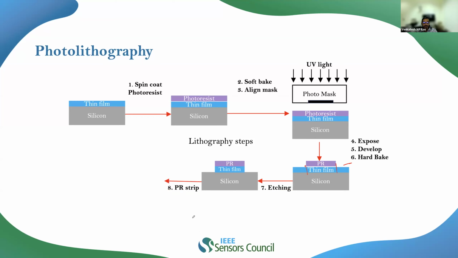After that, we strip away the photoresist and get a thin film on top of the structure. So we can pattern the thin film to whatever shape you want, depending upon your photo mask. I will show you some examples in the coming slides.